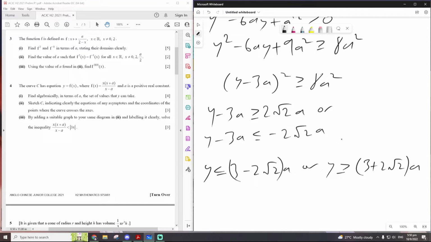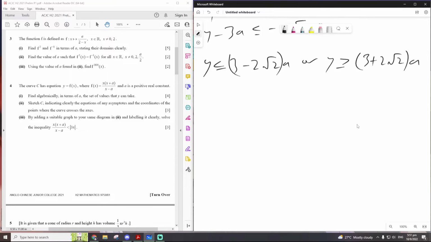So that will be the set of values that y can take. We're going to sketch the curve. Now, I already plotted this onto my GC earlier on, but there are turning points, because of the fact that we just showed this. If there's no turning points, then it will be all real values. And you will notice that this curve actually passes through the origin also.